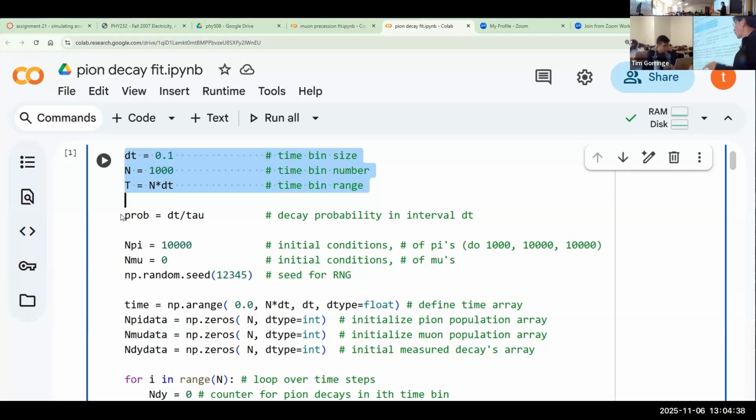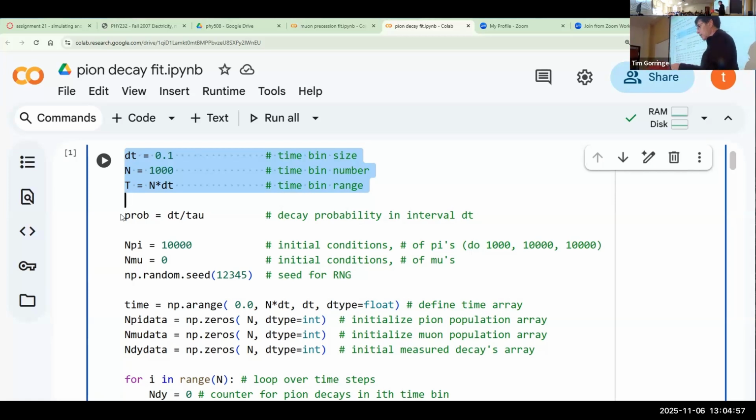What I'm going to use it for is to imagine starting with some sample of pions. I'm going to start with 10,000 pions and watch them decay to muons. Almost all of them decay into muons. We're going to start with none of them having decayed into muons.